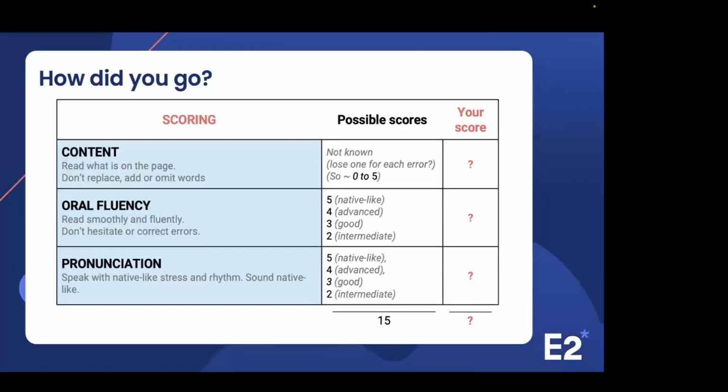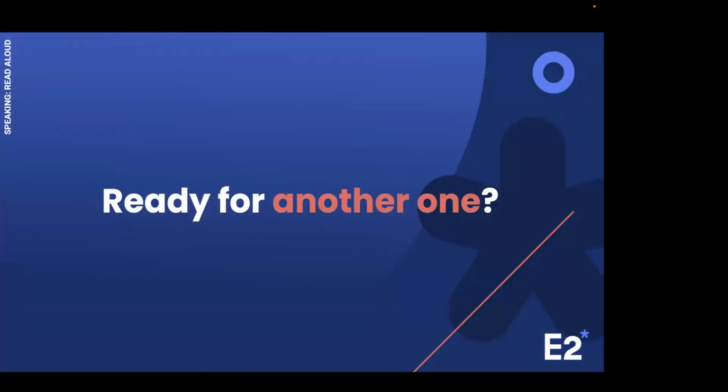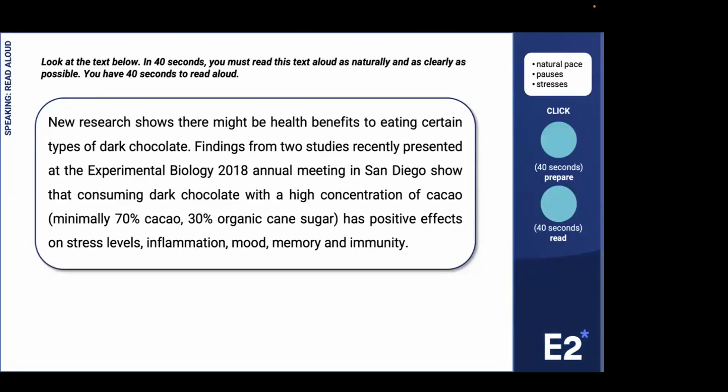Beautiful, straightforward and easy. Let's do another one. Again, you're marked on content, fluency, and pronunciation. Ready for another one? 40 seconds to prepare, then 40 seconds to read aloud.